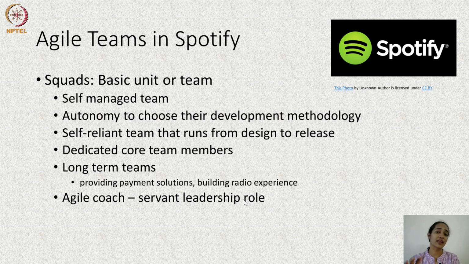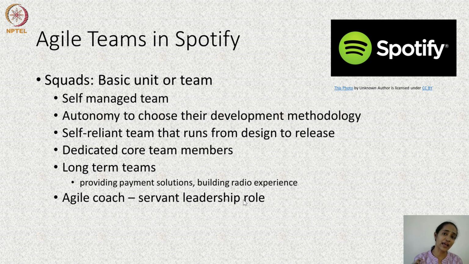Apart from this, there are certain other characteristics of the squad. The squad has the autonomy to choose the development methodology to deliver results. Now, I had said that there are different methodologies under the umbrella of Agile methodology. And the teams in Spotify have a certain amount of freedom in choosing which methodology to follow.